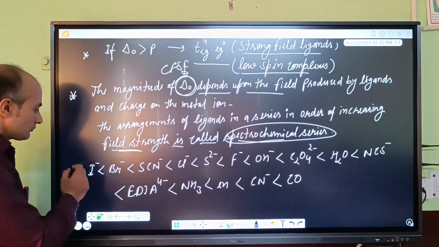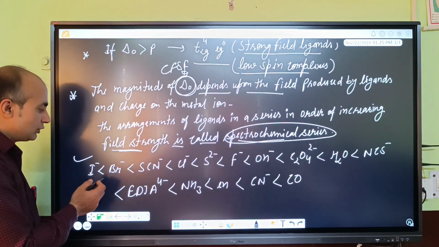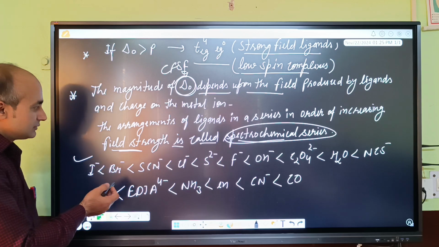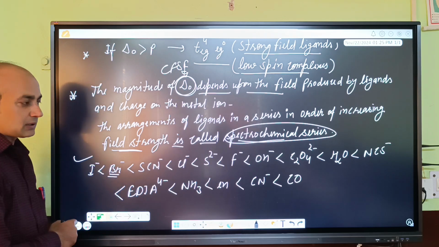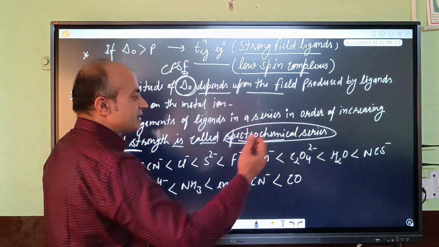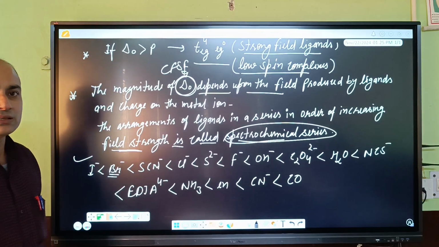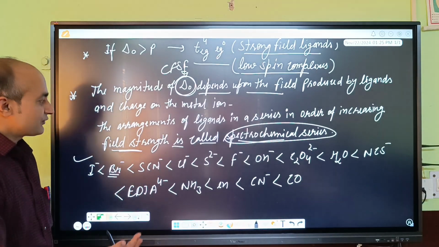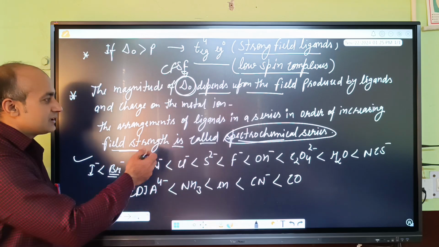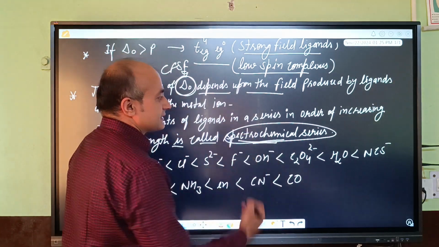For example, I minus has a lower crystal field strength compared to Br minus. When we arrange these ligands in ascending order of their splitting or field strength, we call it the spectrochemical series.